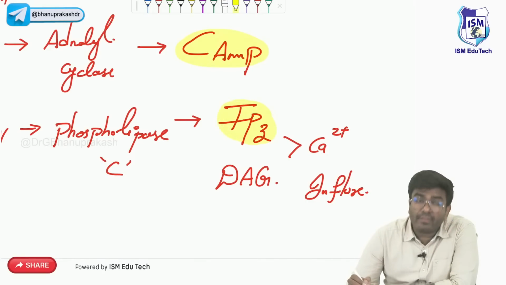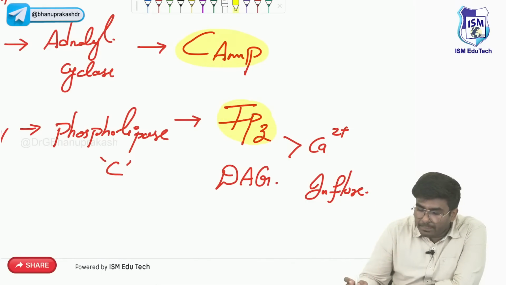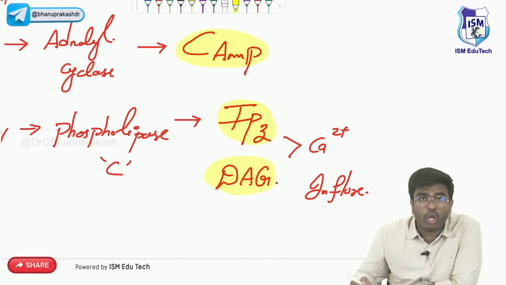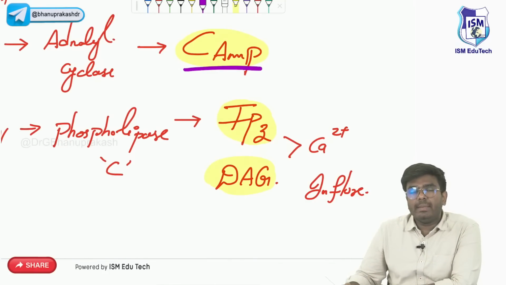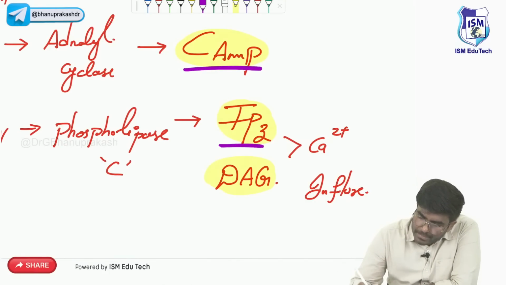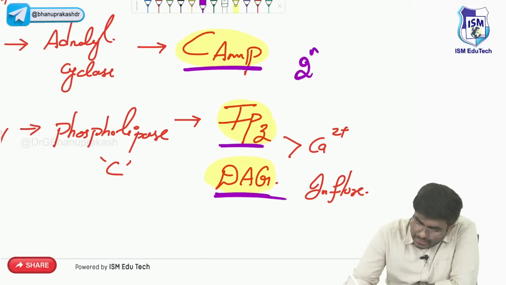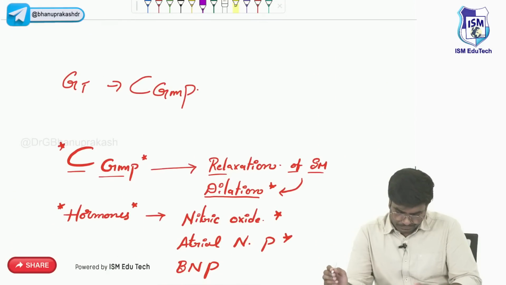IP3, never ever forget the phospholipid. IP3 means inositol triphosphate, and DAG, diacylglycerol. So these three molecules, cAMP, IP3 and DAG, are all secondary messengers.